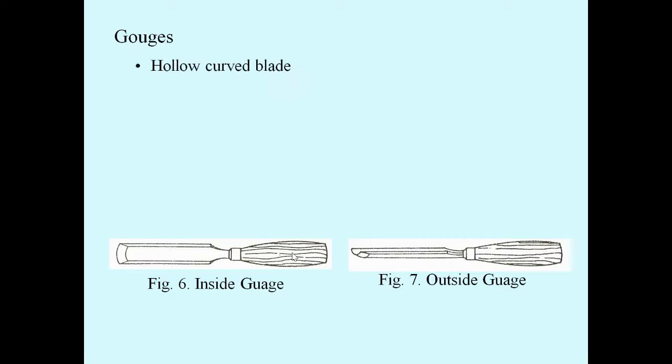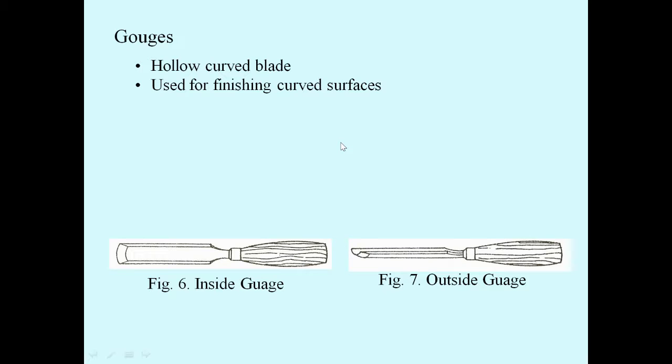So the next one is gauges. These are hollow curved blades. There will be a hollow curve here, and here also there will be a hollow curve. These gauges are used for finishing curved surfaces.